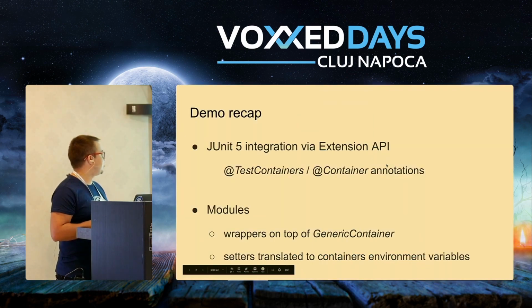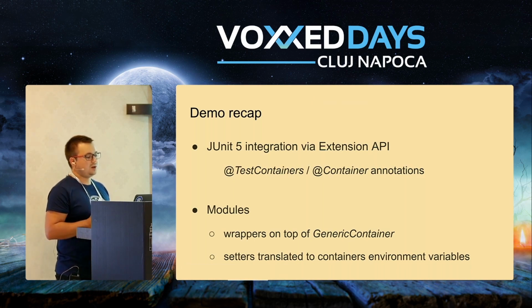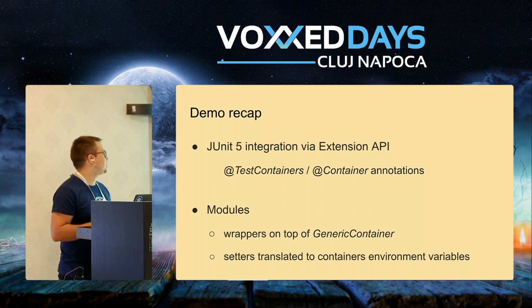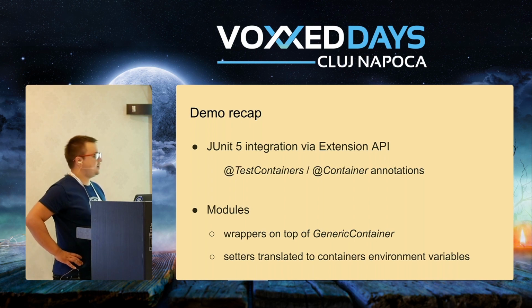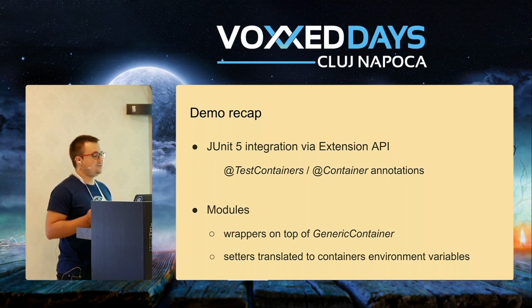So let's do some recap. As I showed you, TestContainers does out-of-the-box integration with JUnit 5, and that's provided by the extension API, which is a new API in JUnit 5. If you are just a user, it's enough to know that there is the Testcontainers annotation and there is the Container annotation.